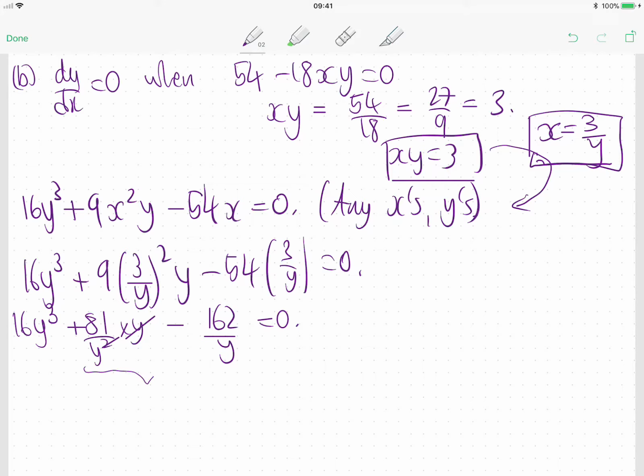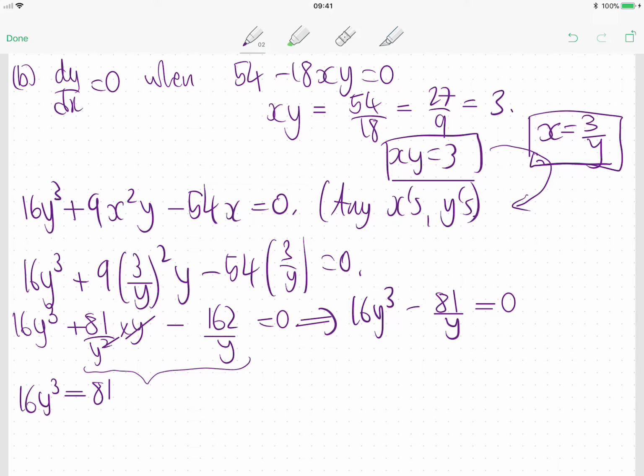Okay, so these two can be collected together. So we have 16y cubed is minus 81 over y, times in through by y, and then actually I'm going to take the second term over first, and then multiply by y.